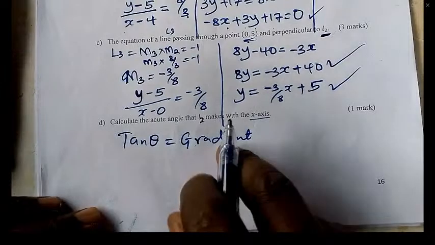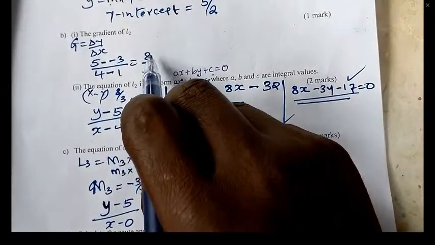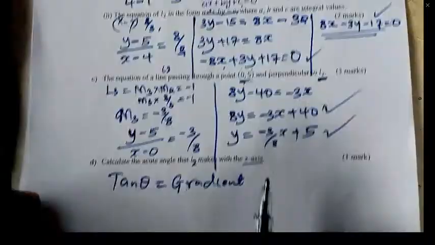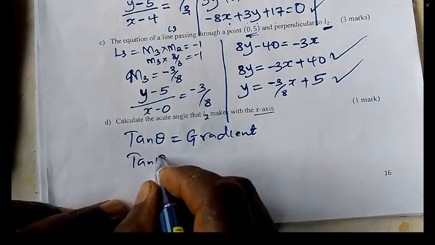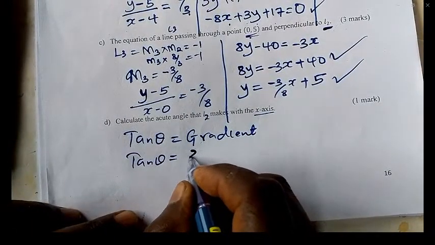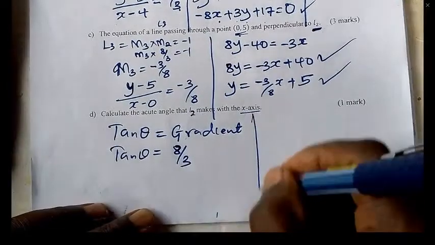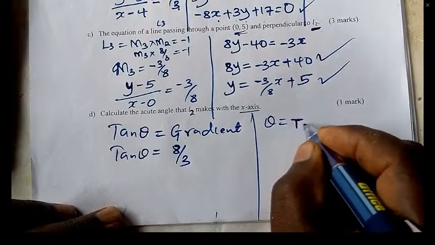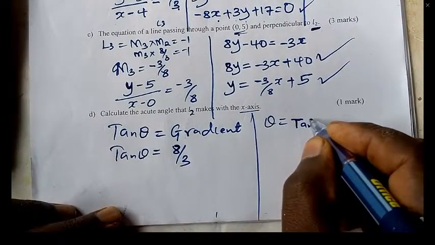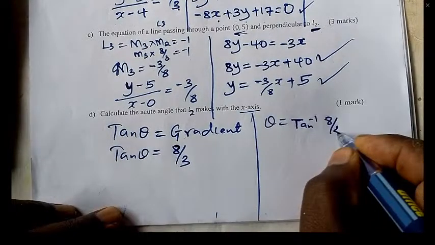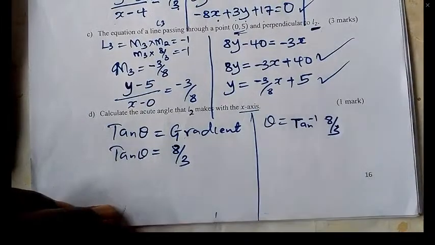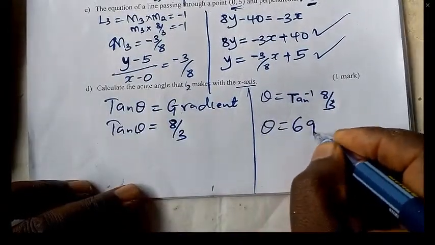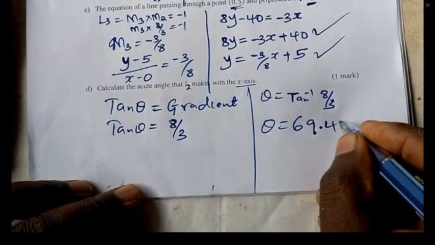That is the formula. So get the gradient of line 2. The gradient of line 2 is 8 over 3. So tan theta is equal to 8 over 3. To get theta, we find the tan inverse of 8 over 3, and you realize that your answer, theta, is equal to 69.44 degrees.